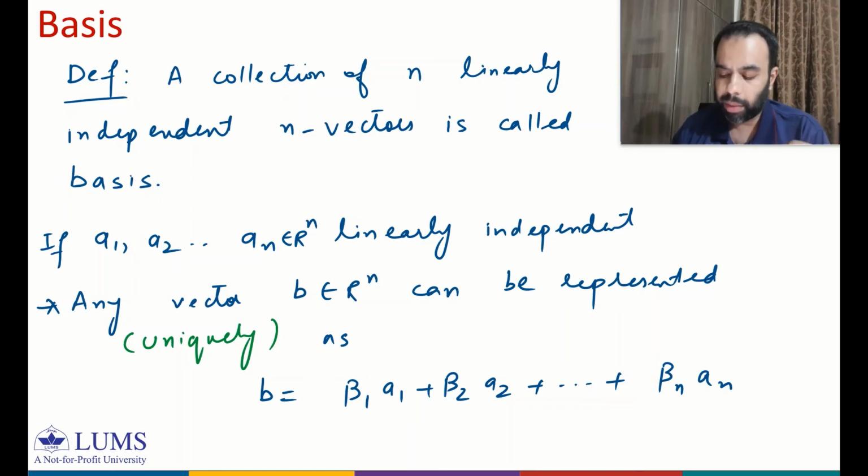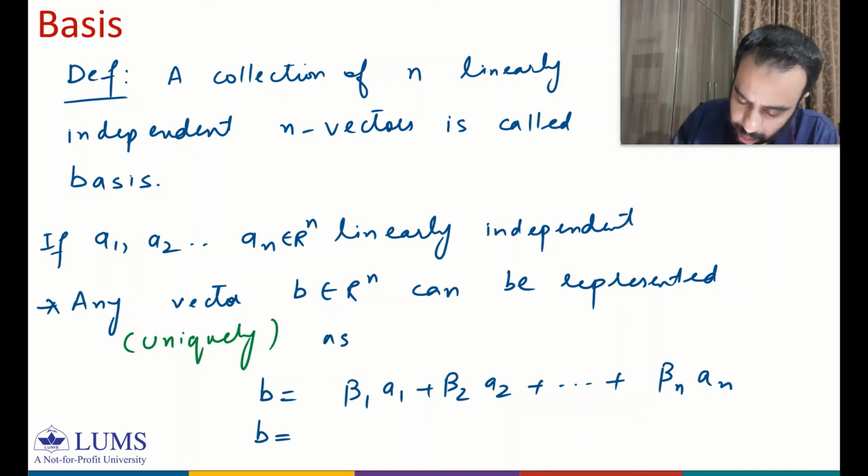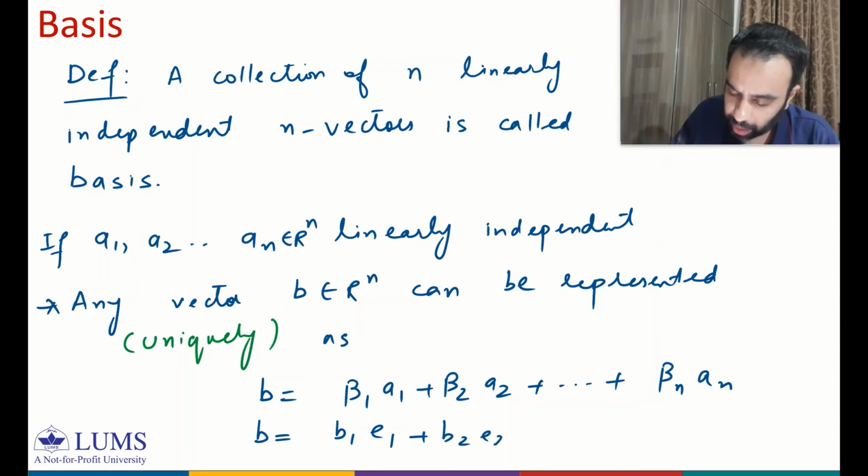And say when we talk about Rn, the standard unit vectors, they are bases, right? So they are linearly independent, they are bases, and any vector B that has components b1, b2, bn is going to be written as b1 e1 plus b2 e2.